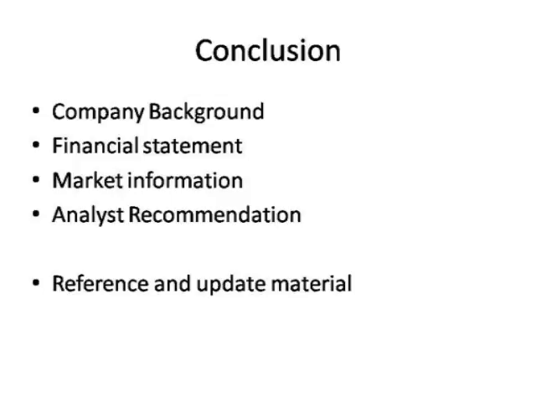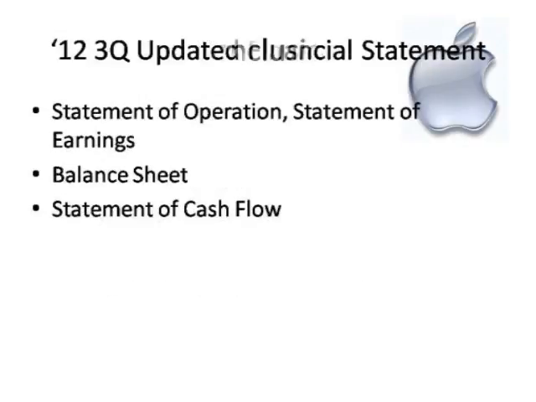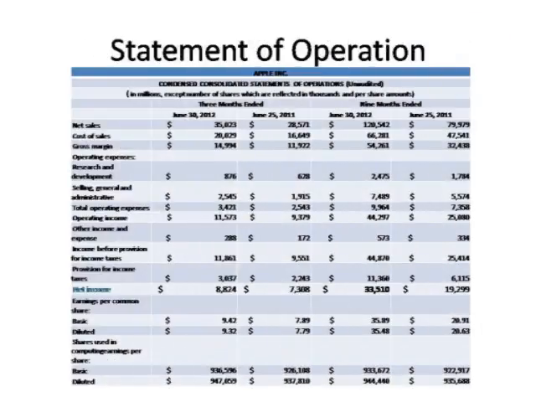Attached below will be several pages of references and updated material, including the latest quarter's financial report. This can be used as an exercise in calculating the ratios for the tests mentioned in this presentation. Thank you.